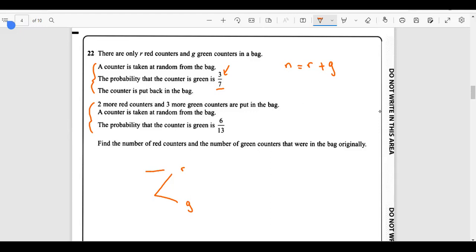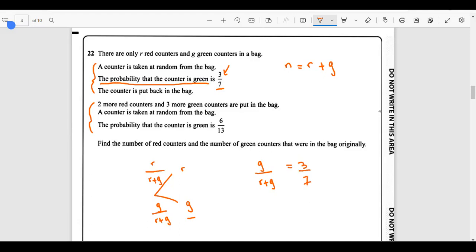In the denominator, we write the total number of counters in the bag, that is R plus G. For red we have R over R plus G, and for green we have G divided by R plus G. So this G divided by R plus G, the probability of getting a green counter, is 3 by 7.